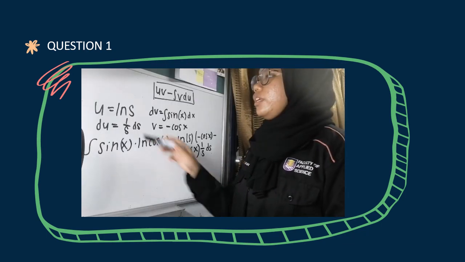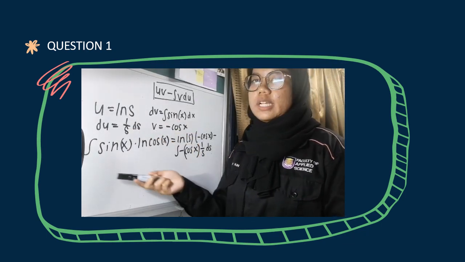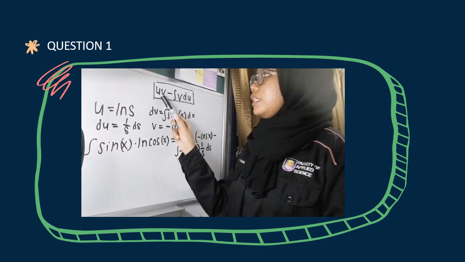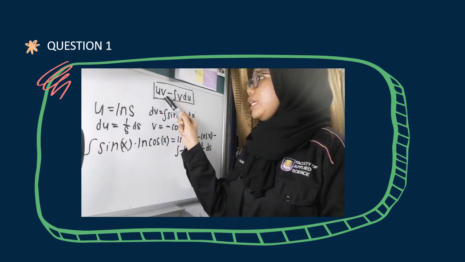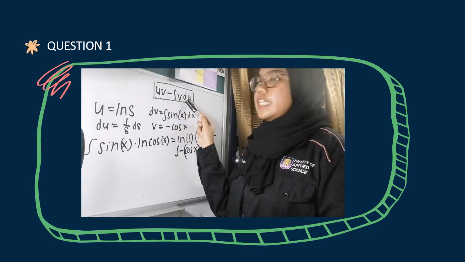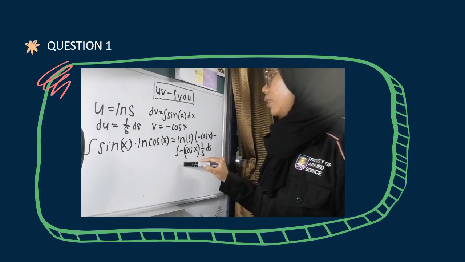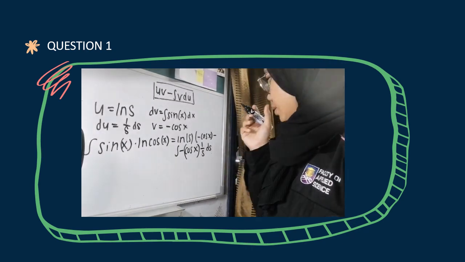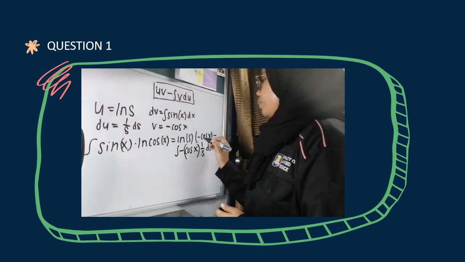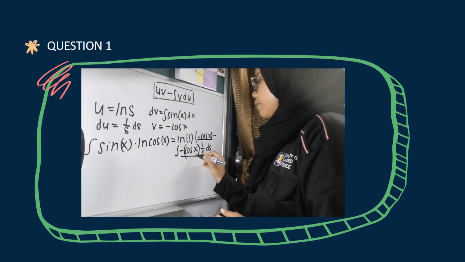As we have determined u, du, dv, and also v, we can insert them into the formula, which is uv minus the integral of v du. So here is the equation. If you can see here, we got negative cos x and also negative cos x.